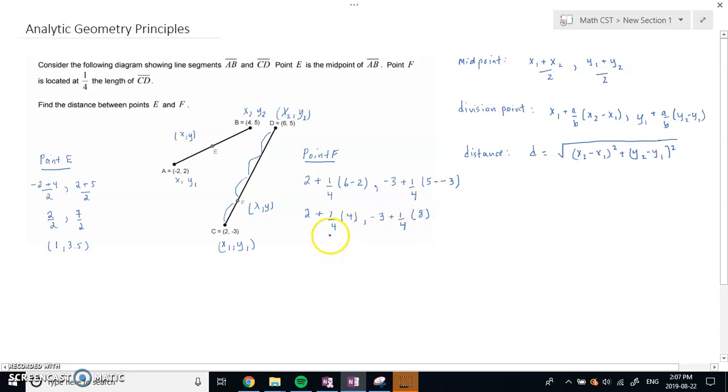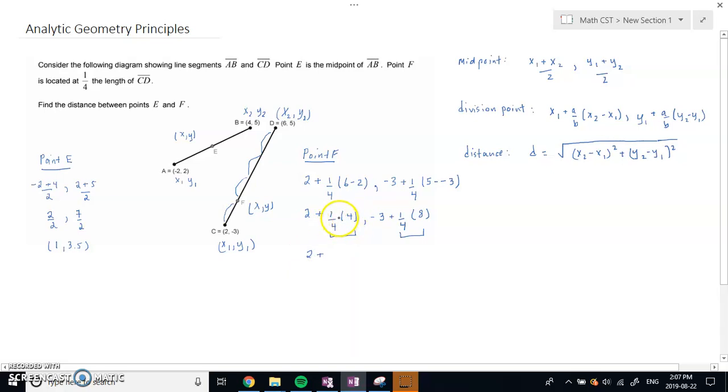Now some students proceed to go left to right here and they end up with the wrong answer because they add 2 plus a quarter and then times it by 4, which is not correct using BEDMAS. So always attend to the back end first of each of these so that you have the multiplication carried out first. So I'm going to leave the 2 out there and say, well, what's 4 times a quarter?